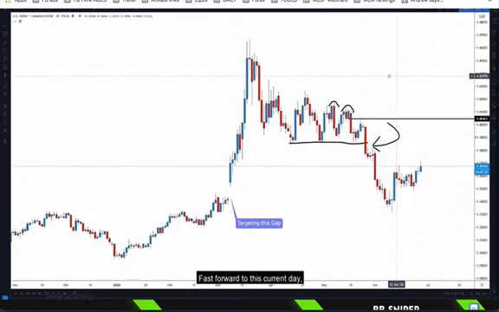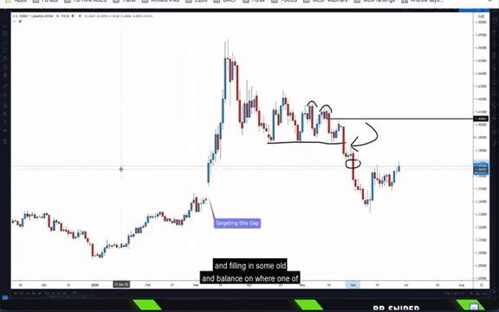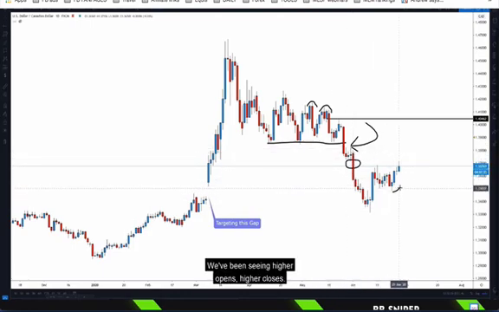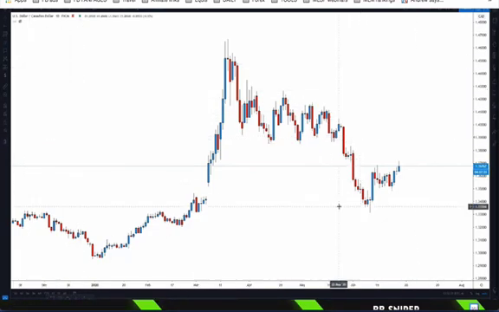Fast forward to this current day. The market has been coming up and filling in some old imbalance on where one of those significant market structure shifts happened. We've been seeing higher opens, higher closes. Where could price be heading?